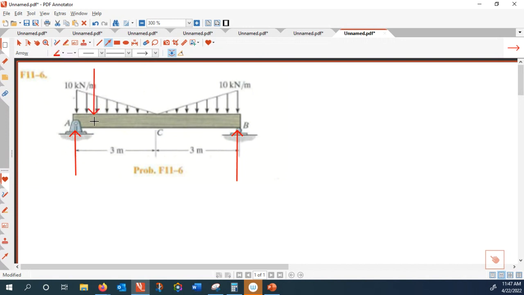They are sitting 1/3 from the base, 2/3 from the apex, and they are each 10 times 3 divided by 2, which is 15 kilonewton. And therefore, because of the symmetry, this is 15 kilonewton, this is 15 kilonewton.